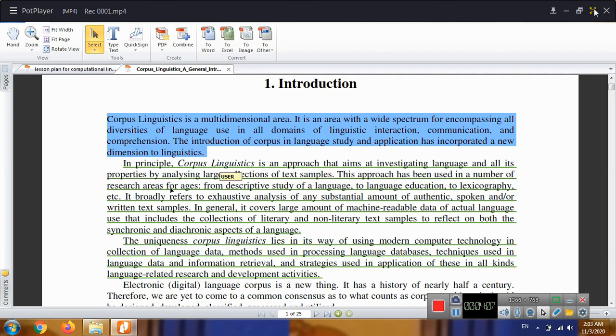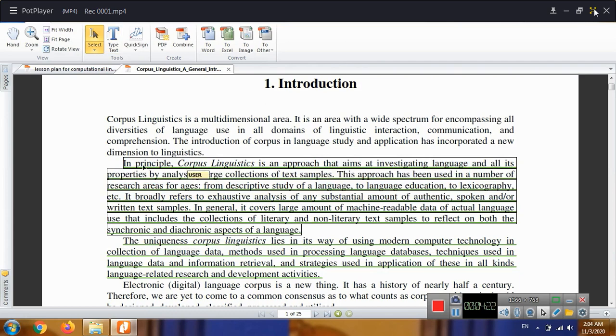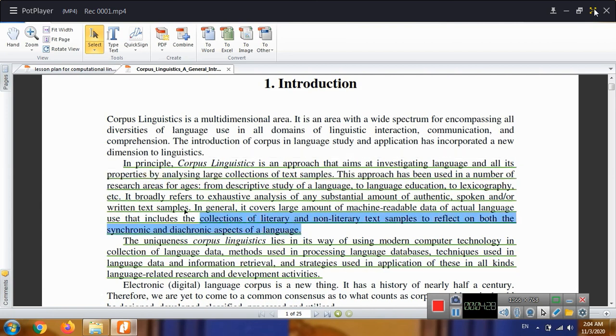Those points which are important for your final exam, and you should know all of them, are specified and clear by the line which is here.